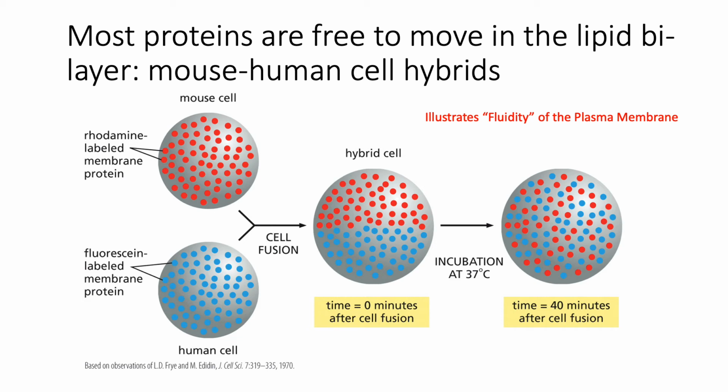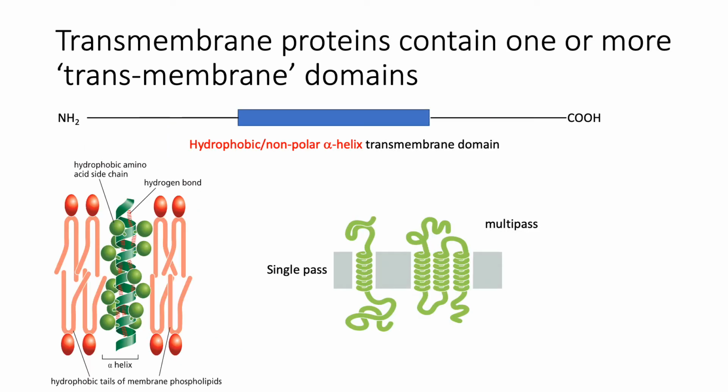They're integral into the membrane. So let's take a look at what those look like. So transmembrane proteins have what are called transmembrane domains. They can have multiple transmembrane domains. I'll show you pictures in a little bit.